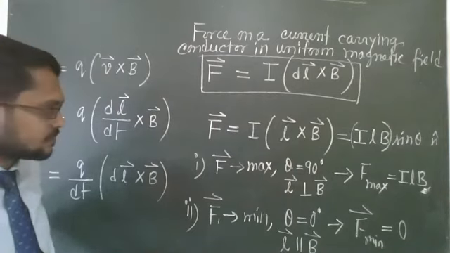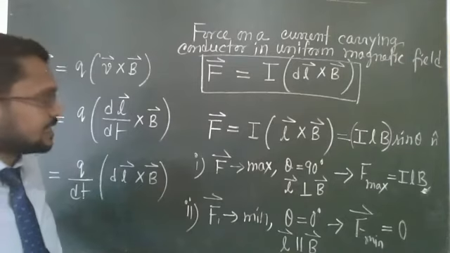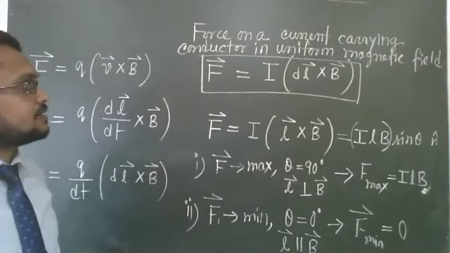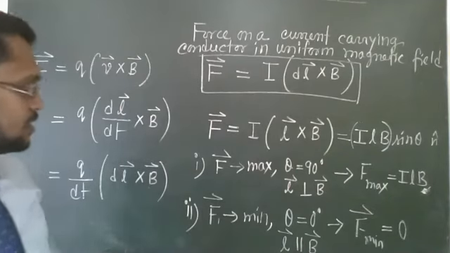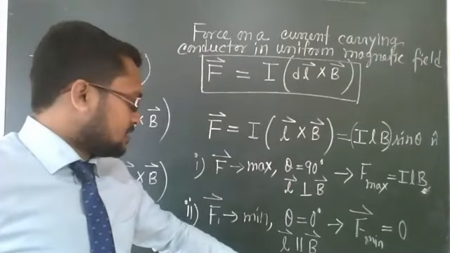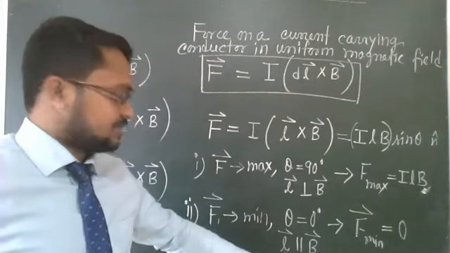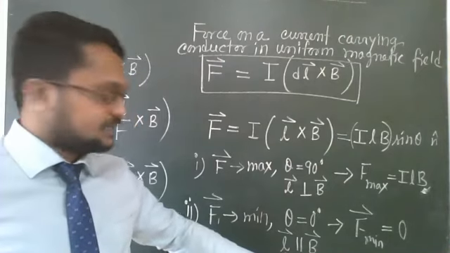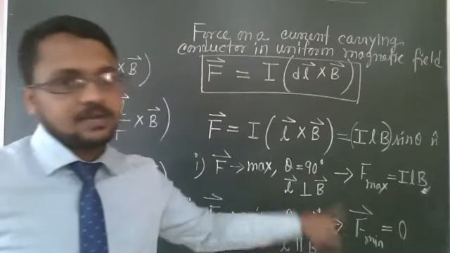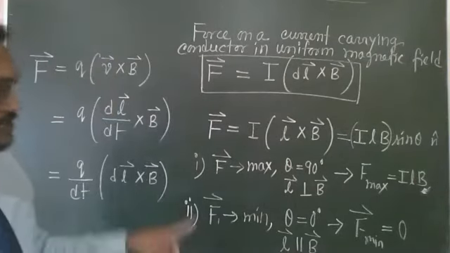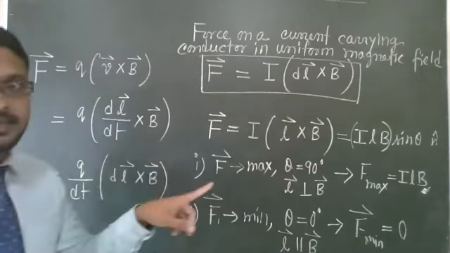So a current carrying conductor placed in a magnetic field will not experience any force when the direction of current and the direction of magnetic field are parallel. Direction of L means the direction in which current is flowing.